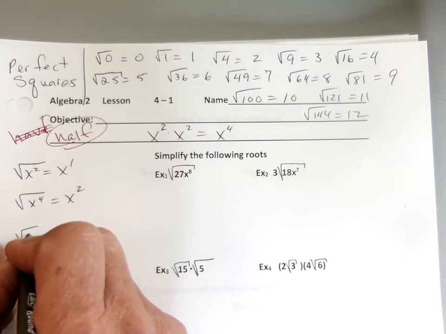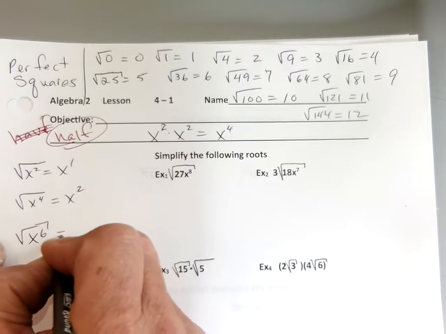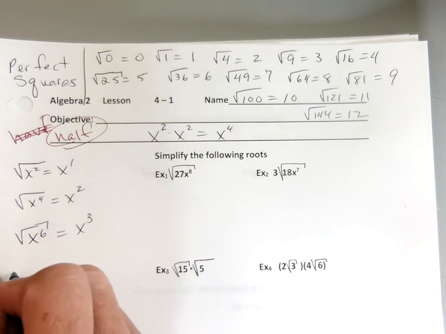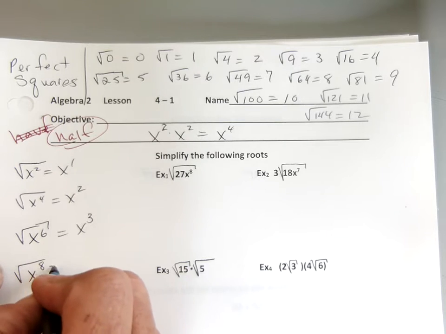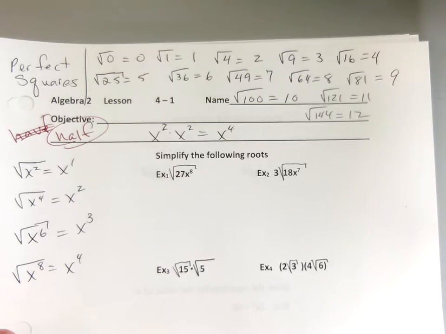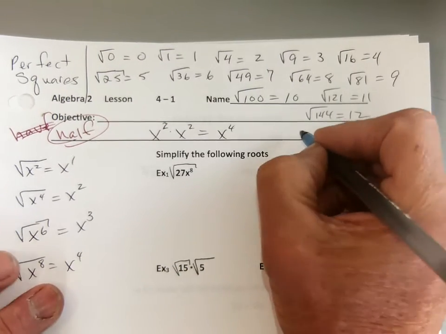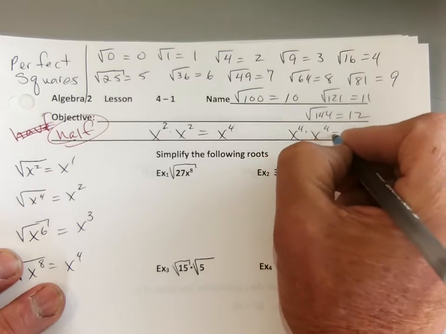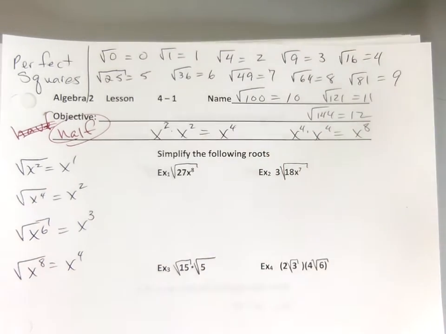The square root of x to the sixth is x to the third. The square root of x to the eighth has to be x to the fourth. x to the fourth times x to the fourth is not x to the 16th, but we add exponents. So x to the fourth times x to the fourth equals x to the eighth. So we take half the exponents. Now, all of these are even exponents, aren't they?